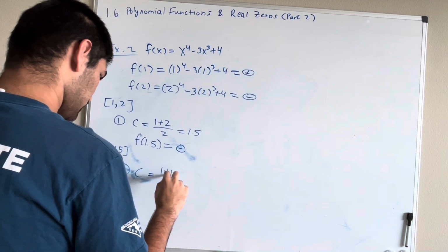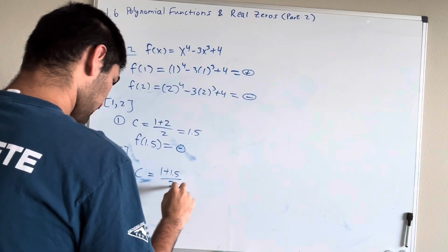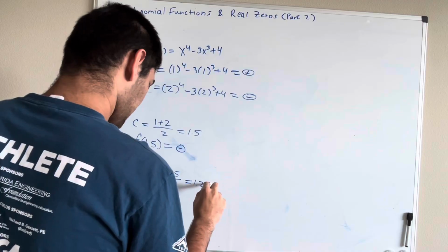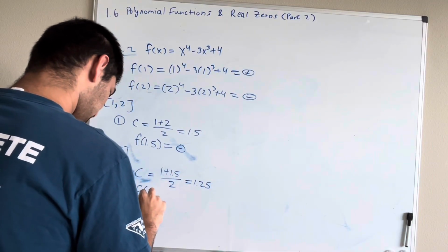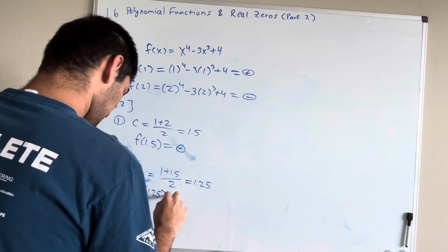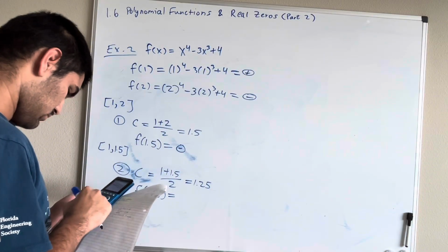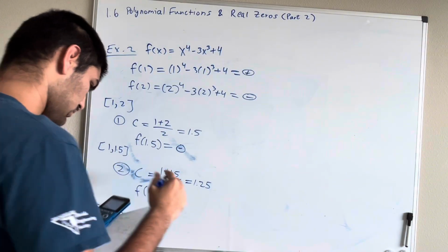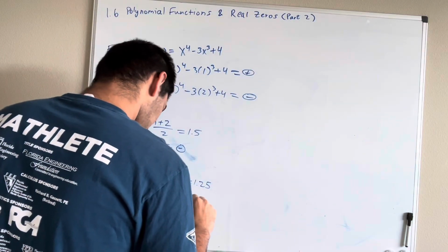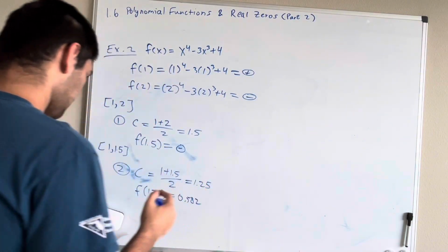Now you have 1 plus 1.5 all over 2, and that gives us like 1.25. And if we find f of 1.25, you get 0.582. So that's a positive number.